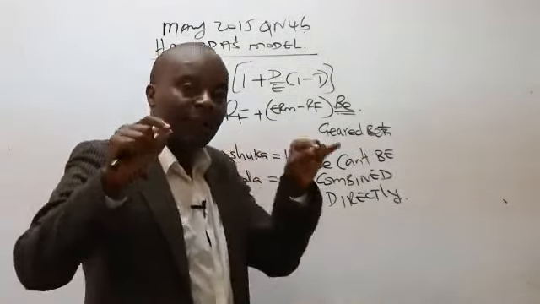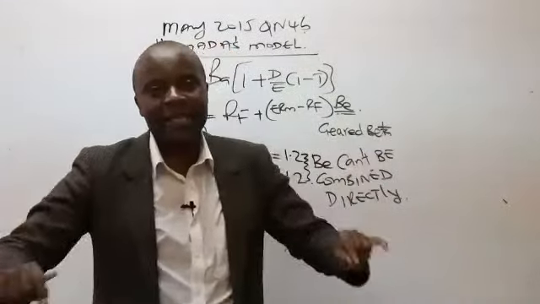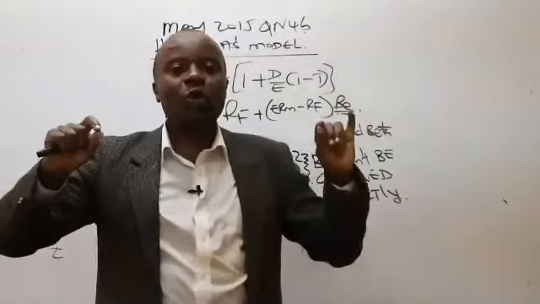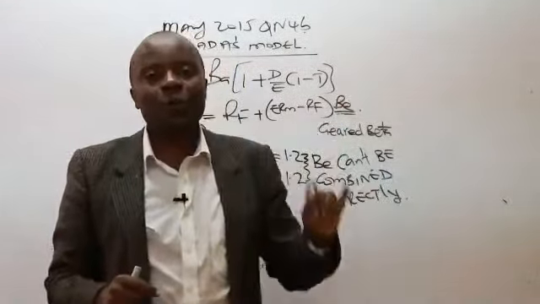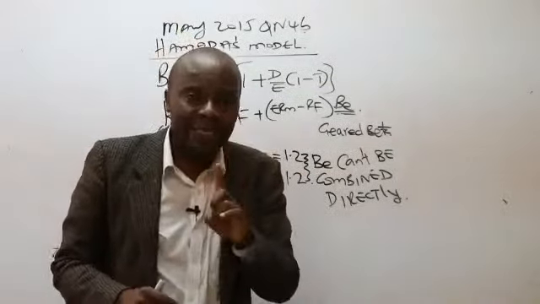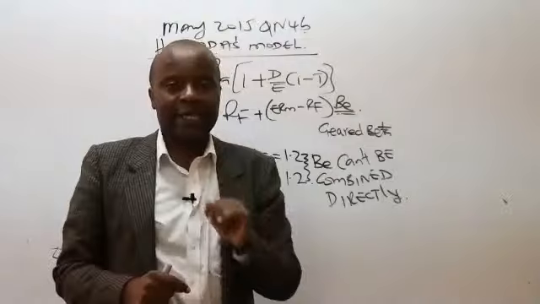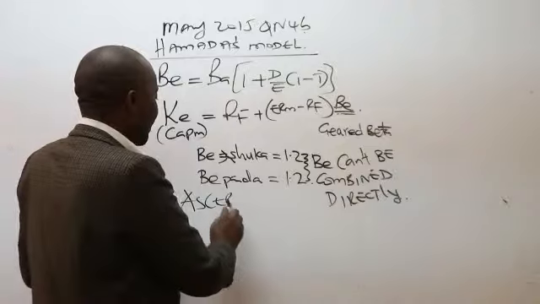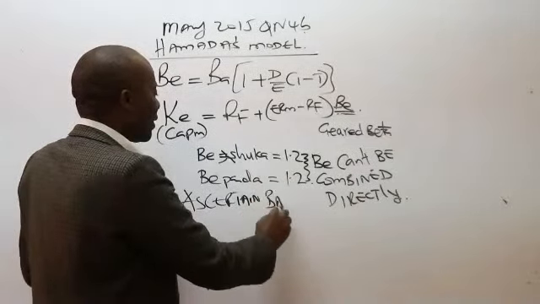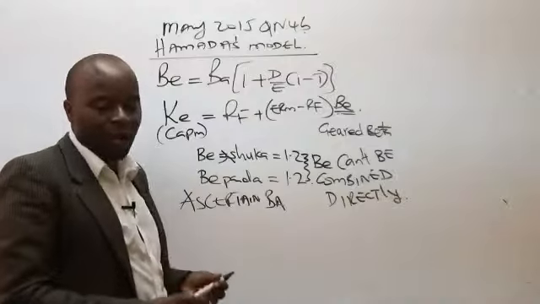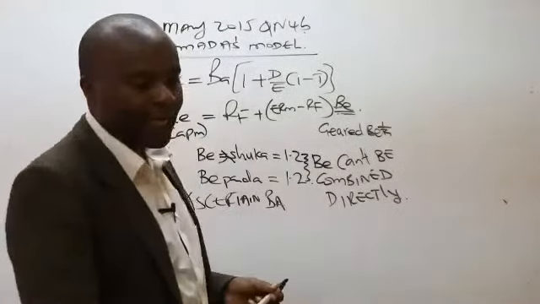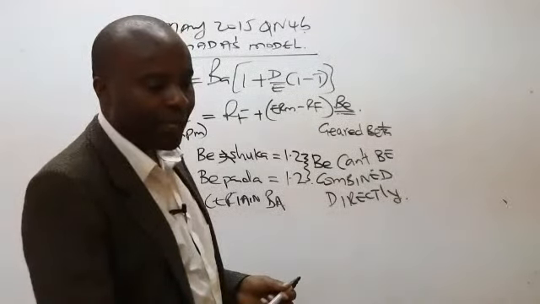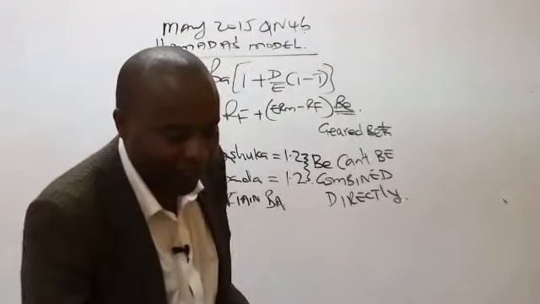If I'm given beta equities of two companies, beta equity of Shuka and beta equity of Panda, and I would want to combine them, the first thing I need to do is ascertain beta assets for each company.